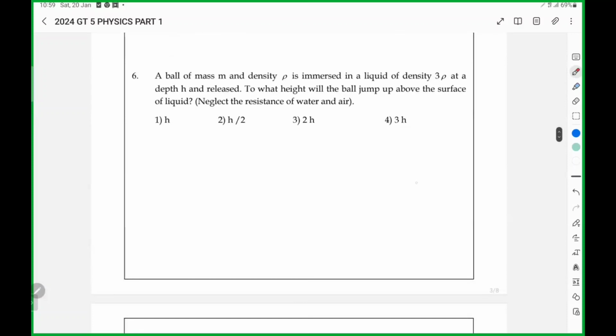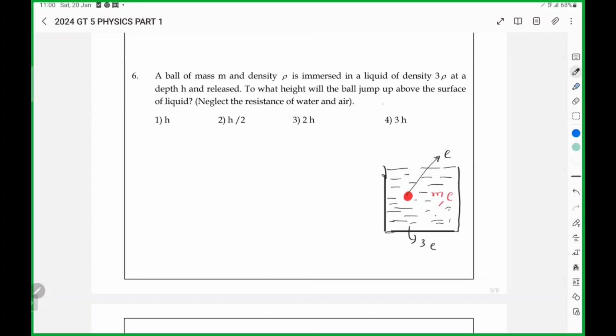Here a ball of mass m and density rho is immersed in a liquid of density 3 rho, and its density is rho.